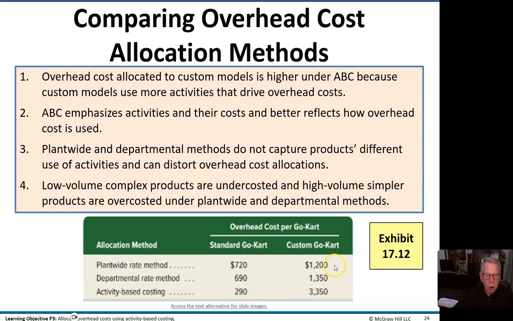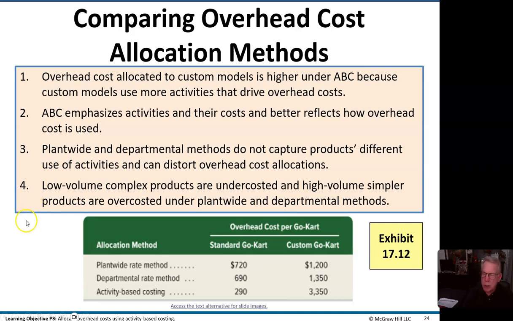Whereas the custom go-kart was $1,200 using the plant-wide rate method, and using the departmental rate method, it jumped up a little to $1,350. But under activity-based costing, it jumped way up to $3,350.